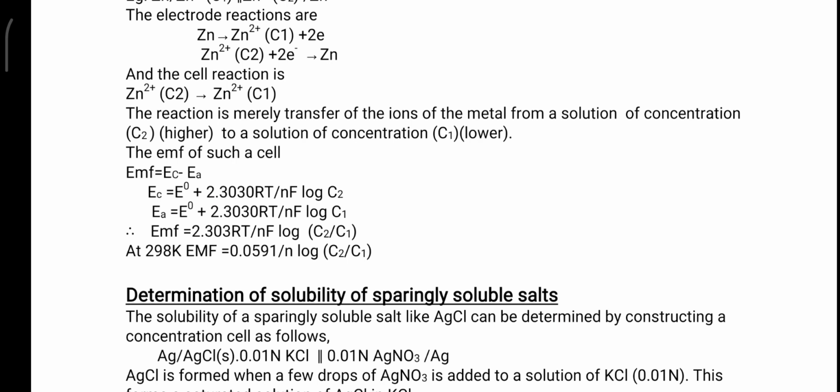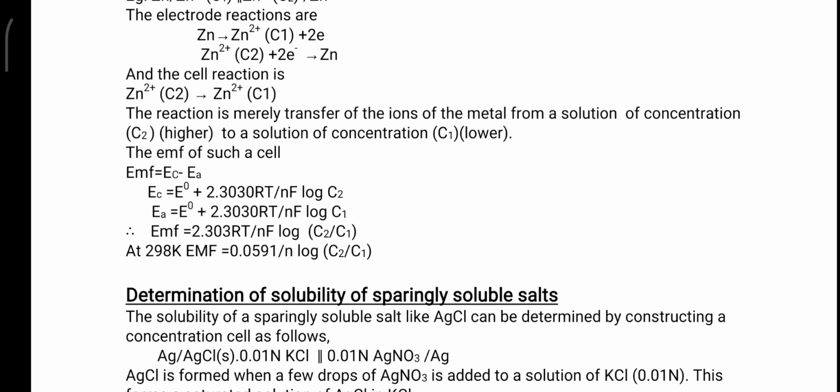Similarly, E anode can be written as E naught plus 2.303 RT by nF log of C1. So the EMF of this cell is given by 2.303 RT by nF log of C2 by C1.